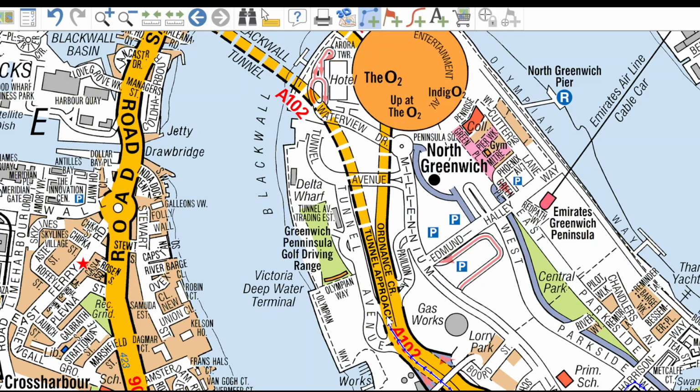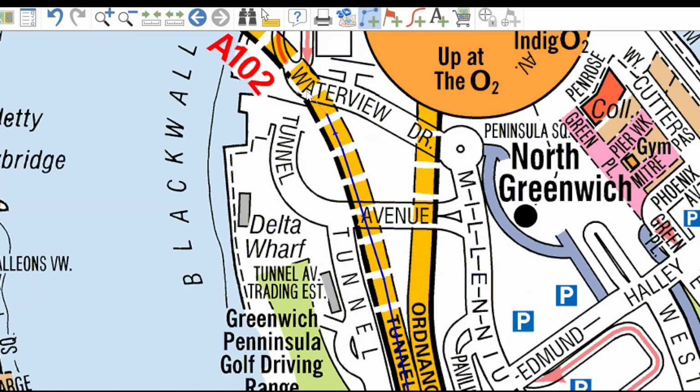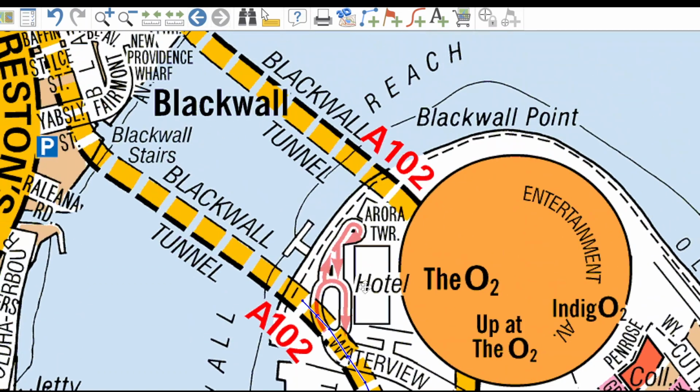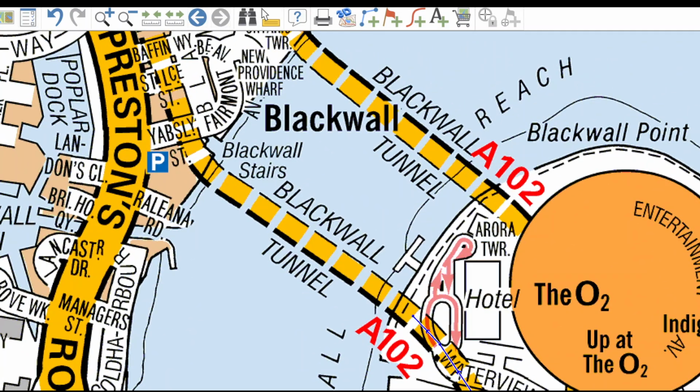I will again click here, move. I will move like this, zoom in like this. Now I will move from here. I will move the map downwards. So I think it will be very clear to you.